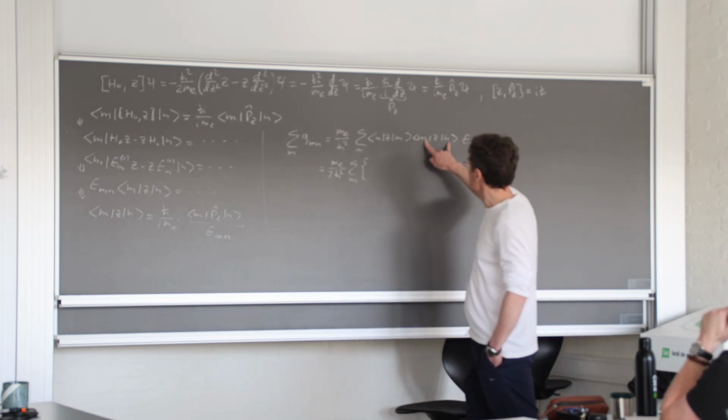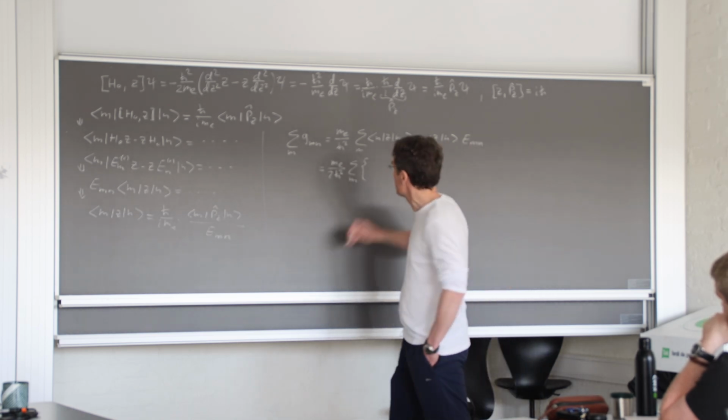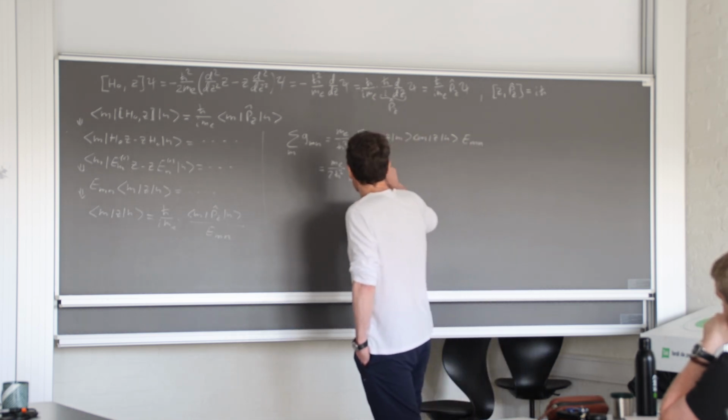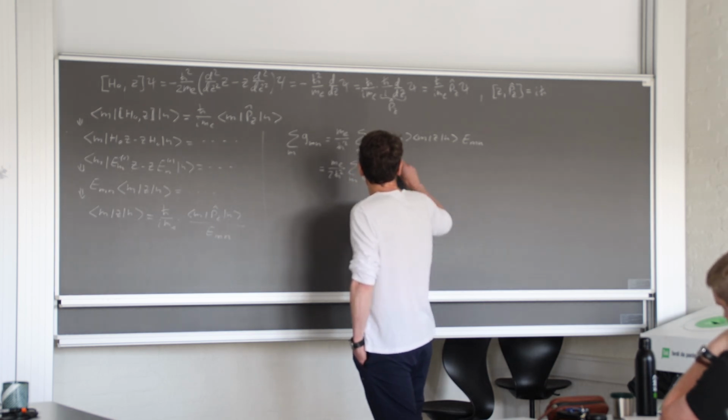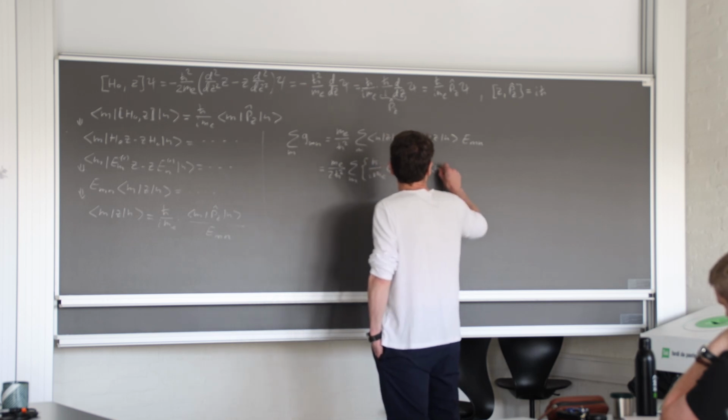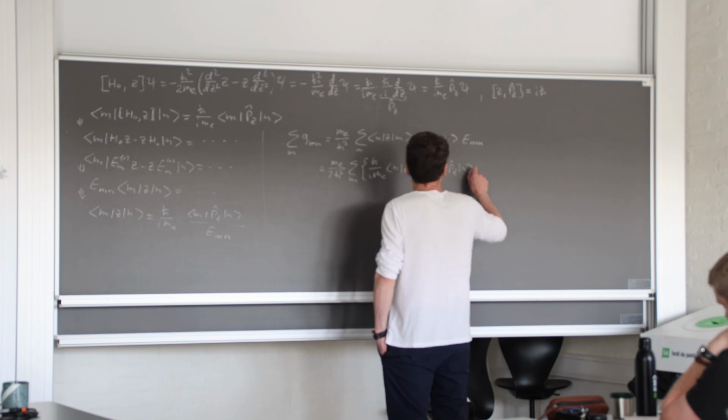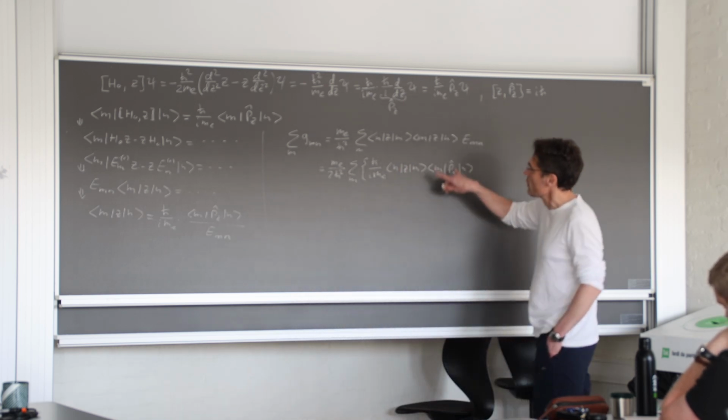So if I replace that term using this expression, I'm going to get h bar over i m e, and then this is left, n z m, and then here I get an m p n. So that's one way of doing it.